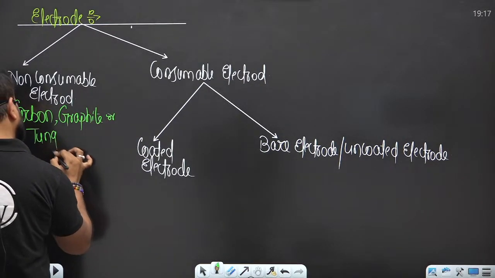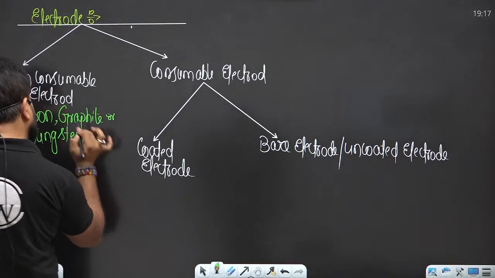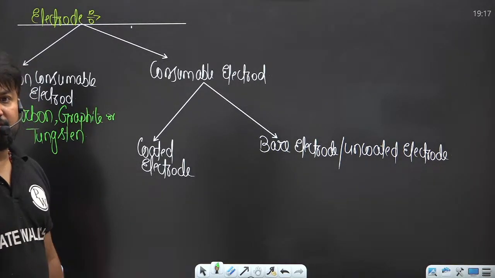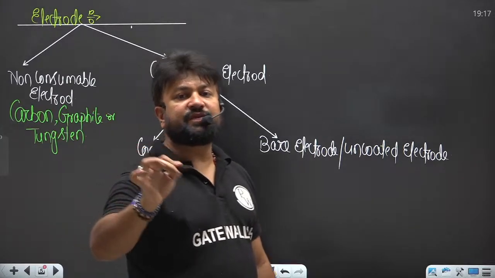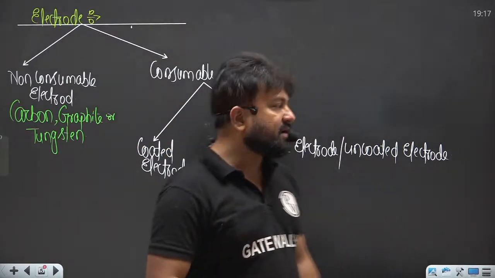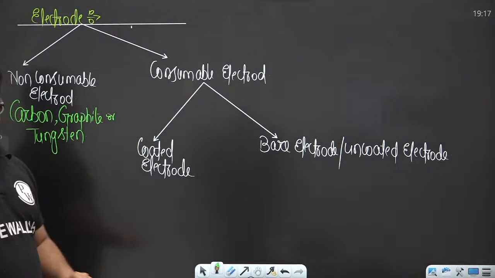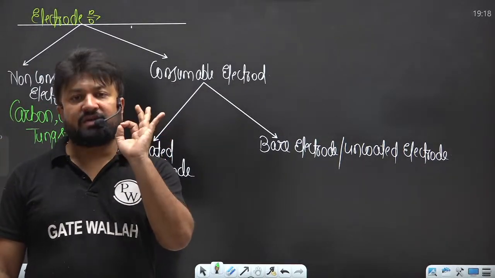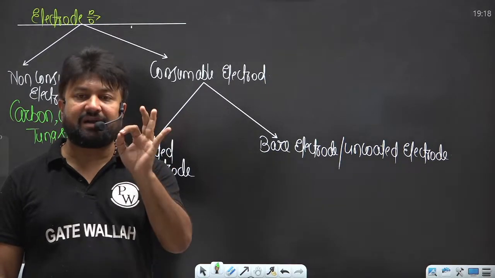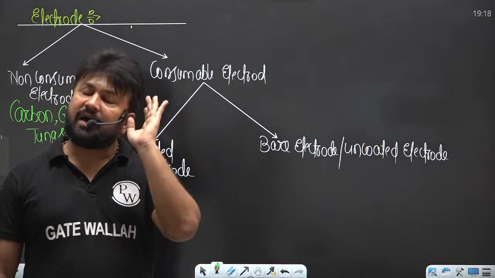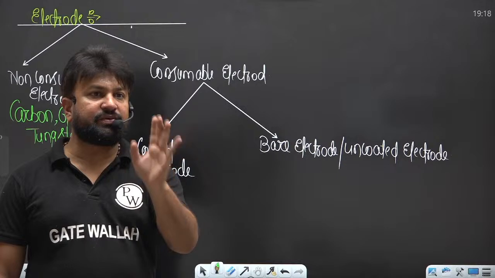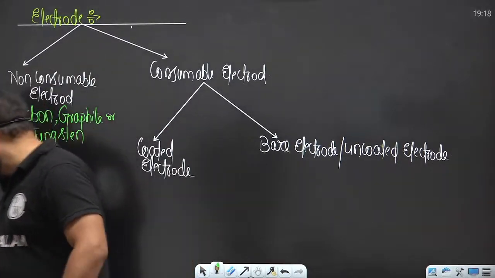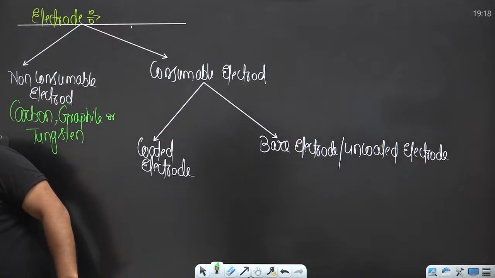Carbon and graphite are used for DC. Here the electrode is not consumed, so the arc length remains constant. The arc is simple and easy to maintain.